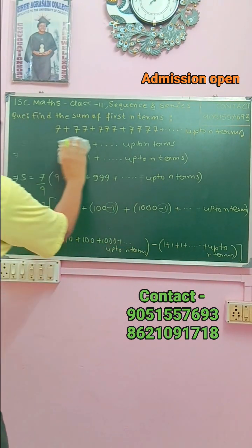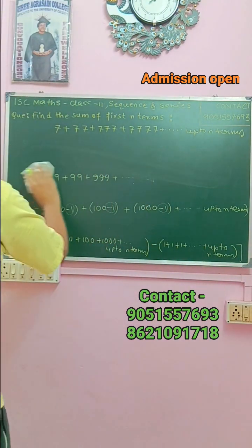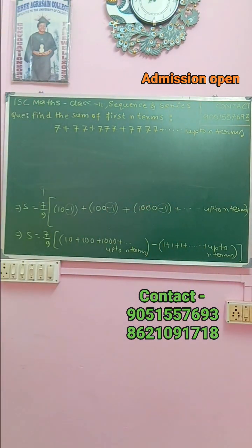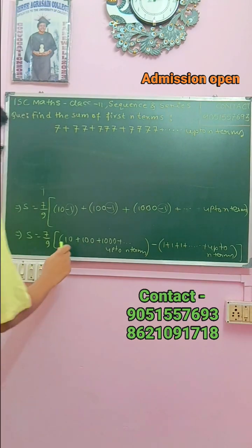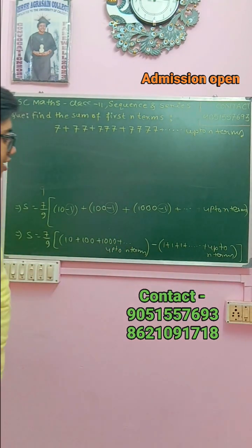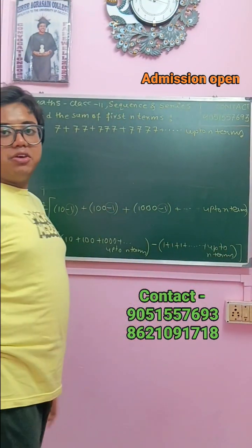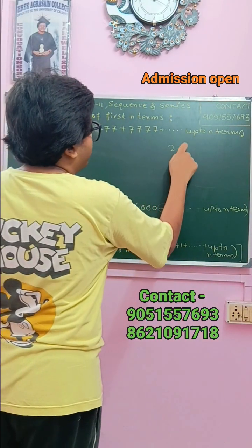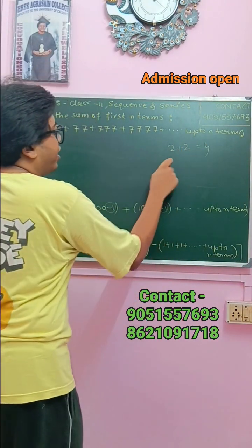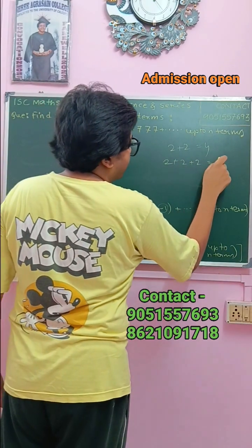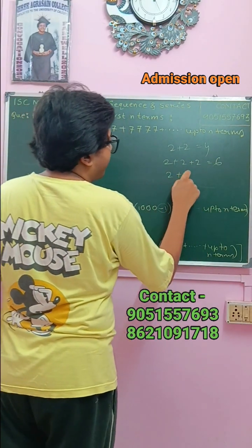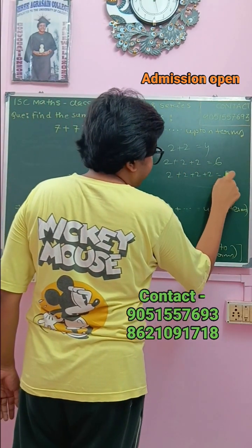Now we have a few lines left. See, this is a GP series, you can easily understand. Now what's the summation of this particular thing? See, what is 2 plus 2? That is 4. What is 2 plus 2 plus 2? That is 6. What is 2 plus 2 plus 2 plus 2? That is 8.